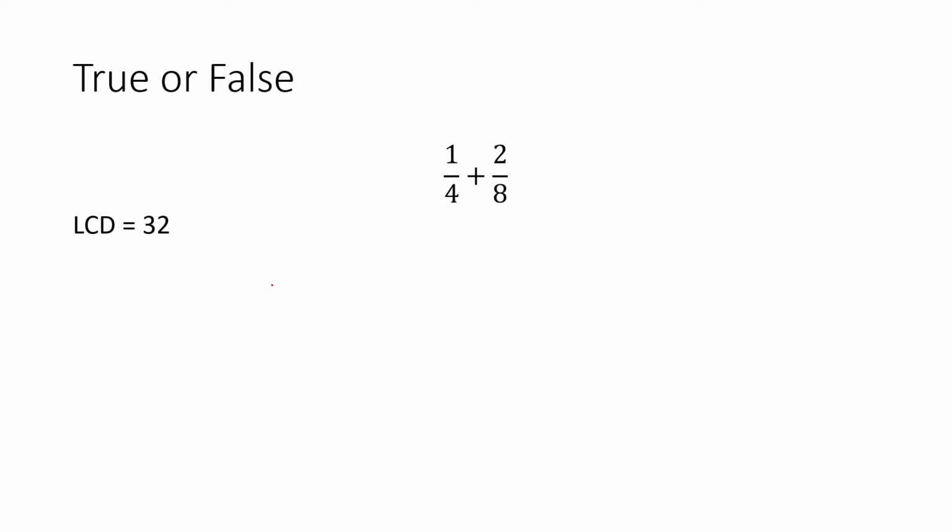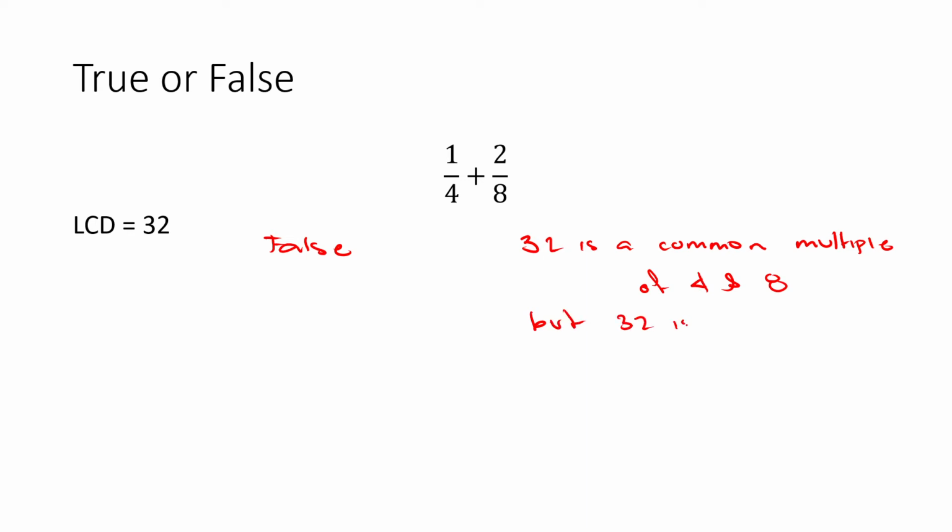Well, it's false. Why is this false? Well, 32 is a common multiple of 4 and 8, but 32 is not the least common multiple.